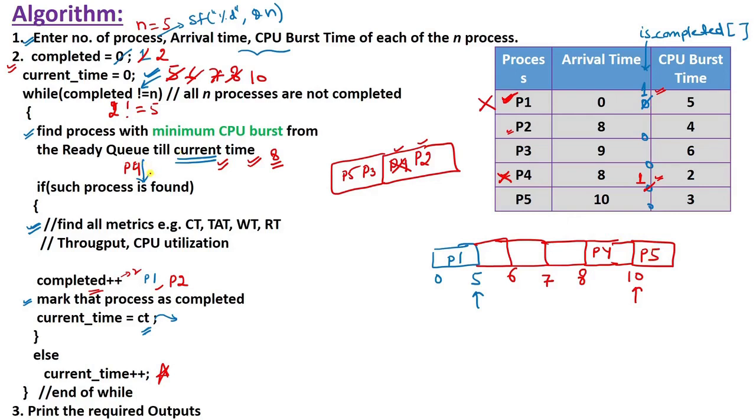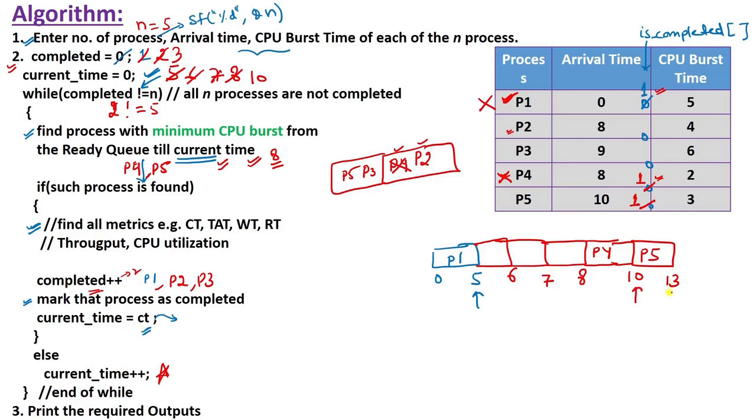So from here P5 is selected, and again we'll find all the metrics, and P5 is having 3, so it will be 13. Everything will be completed. We can say completed is 3, and then we'll mark P5 as 1, and then update the current time.